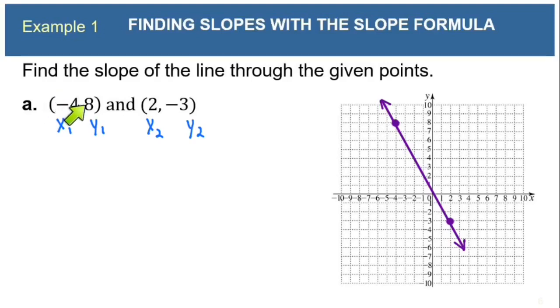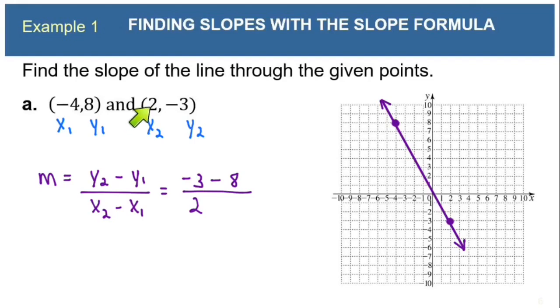I labeled these 1's because they are the first point, and I labeled these 2's because they are from the second point. So x1, y1, x2, y2. And we know the formula is y2 minus y1 over x2 minus x1. So now plugging in the values, that's going to be -3 minus 8. And in the bottom, that's going to be 2 minus -4.